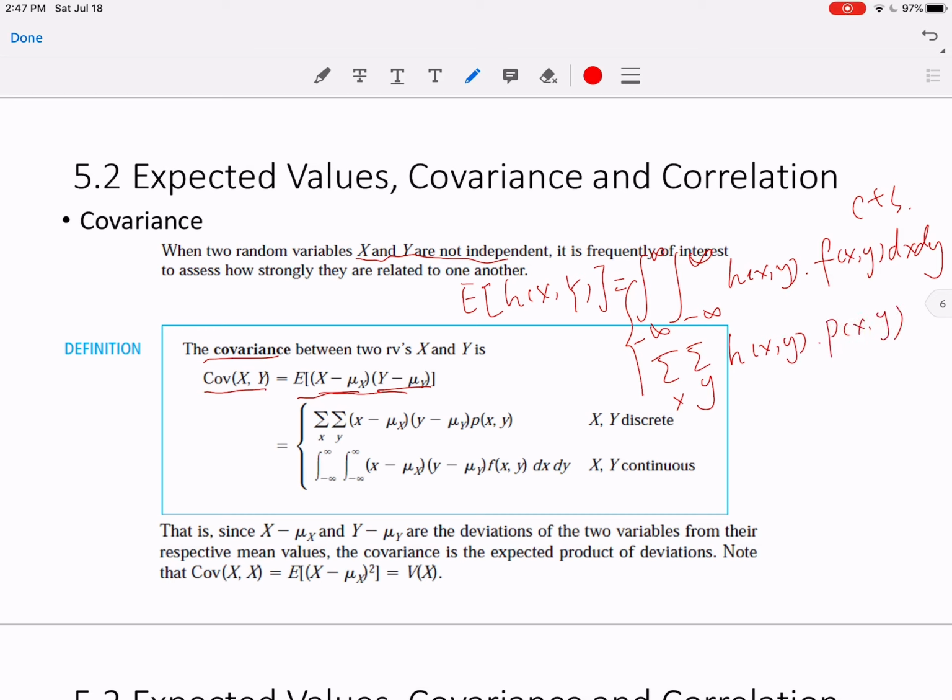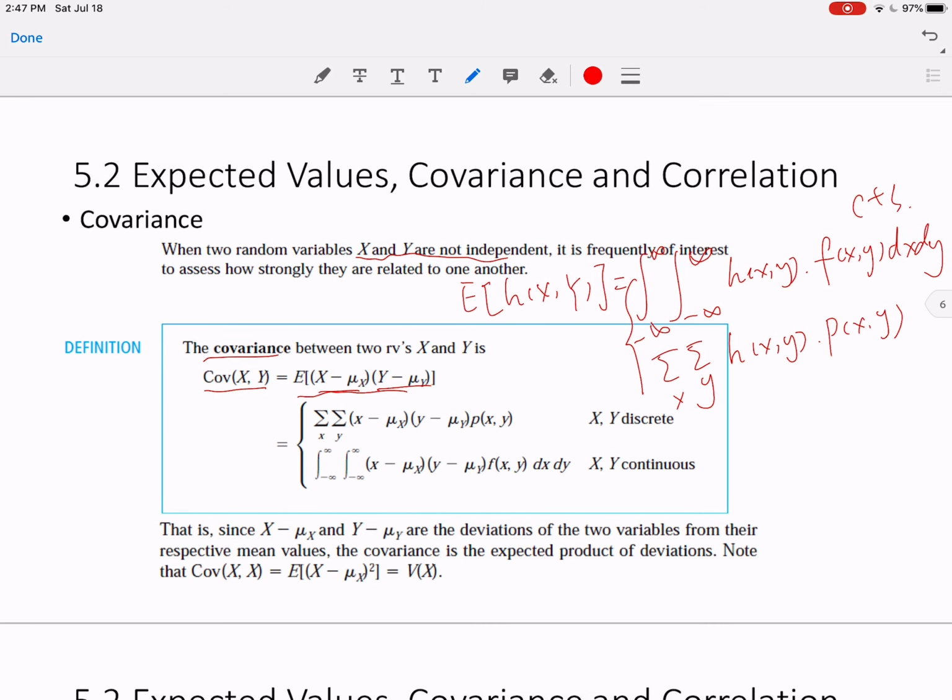Same idea here: instead of the expectation, we can consider the whole thing, (X minus mu sub X) times (Y minus mu sub Y), as a function h(X, Y). Then we can figure out this expectation by applying the formula. If X and Y are discrete, we have a double summation of the inside of the expectation multiplied by the joint PMF. If they are continuous, we have the inside of the expectation times the joint PDF, dx dy. That's how we find this expected value.